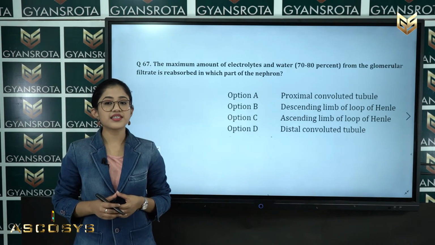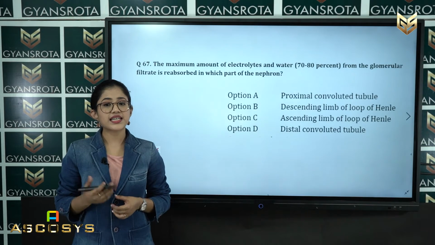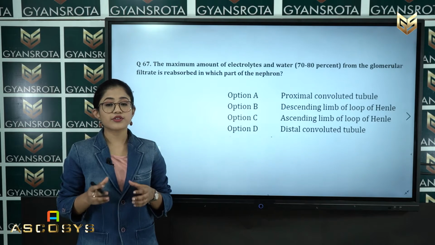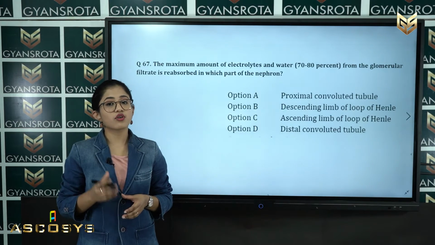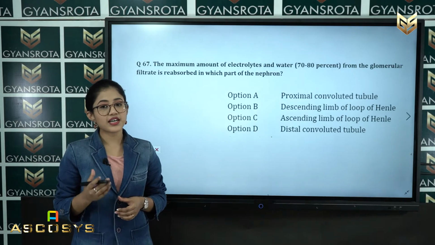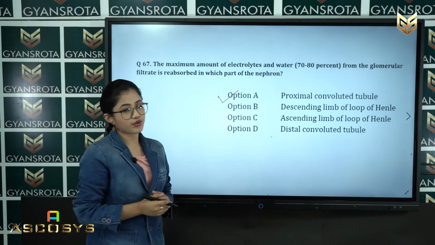This is from the chapter excretory products and their elimination. So, what is the correct answer? That is proximal convoluted tubule. Option A is the correct answer for this question.